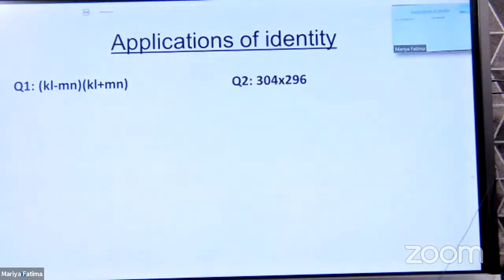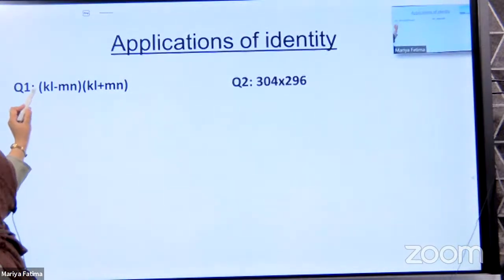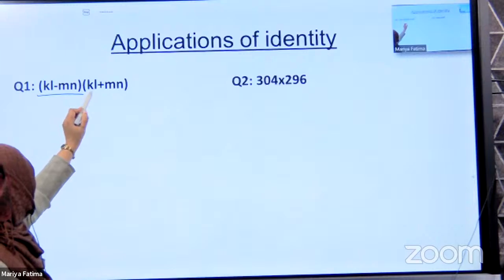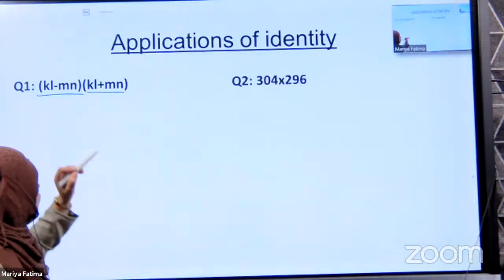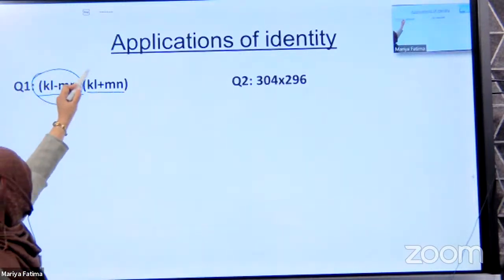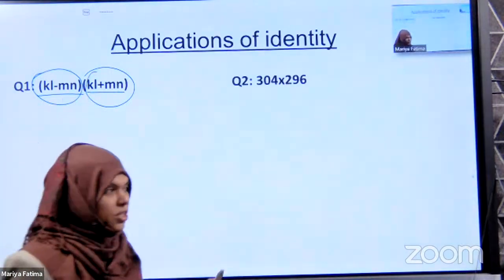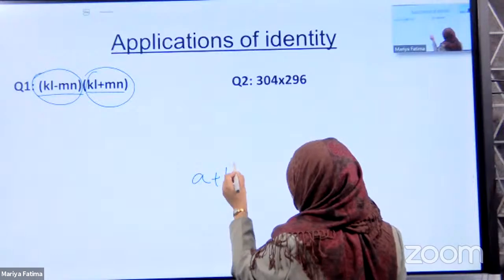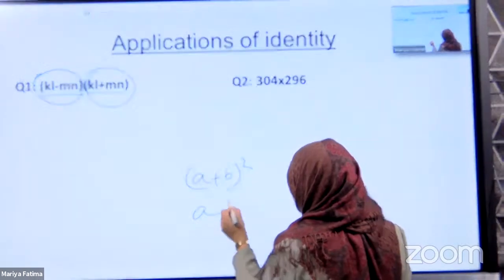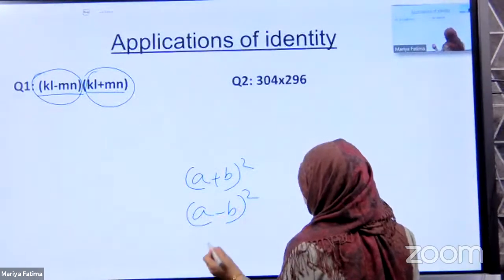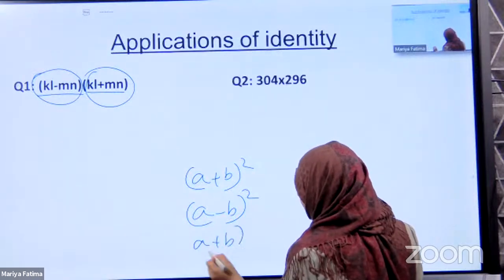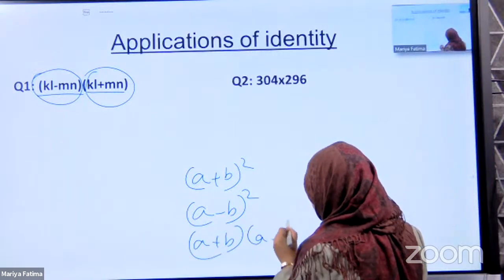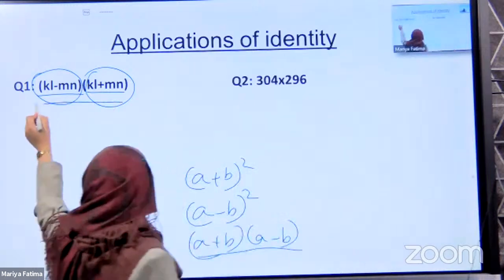See here. In this question, he has given KL minus MN, KL plus MN. One part is in subtraction, the other part is in addition. In the previous two identities, the form was A plus B whole square, and the second one was A minus B whole square. And the third one is A plus B into A minus B. So now this is in which form?